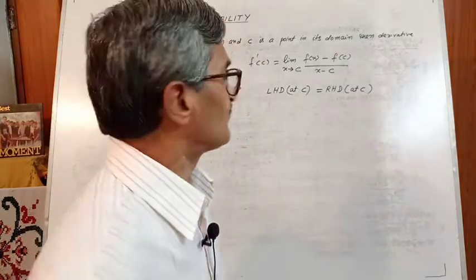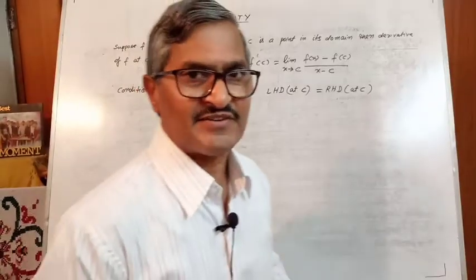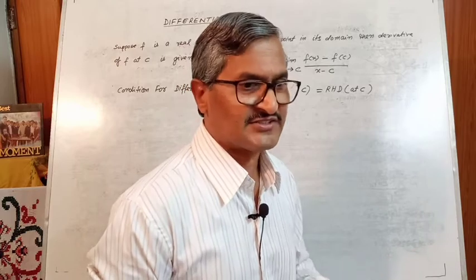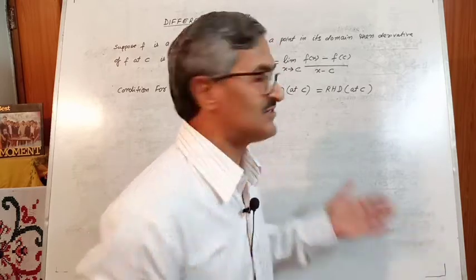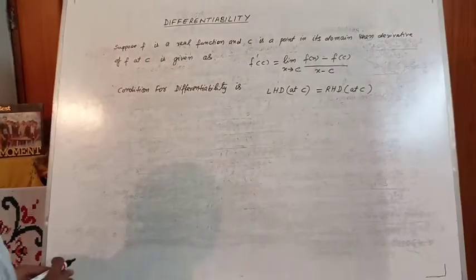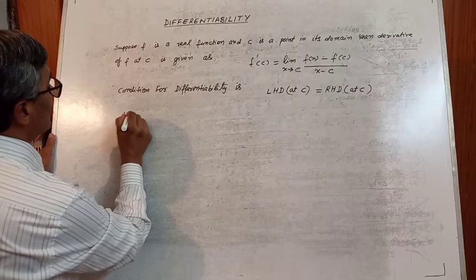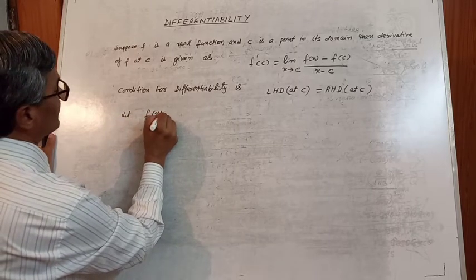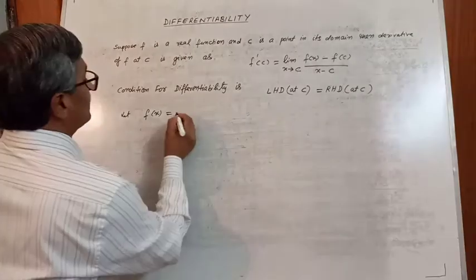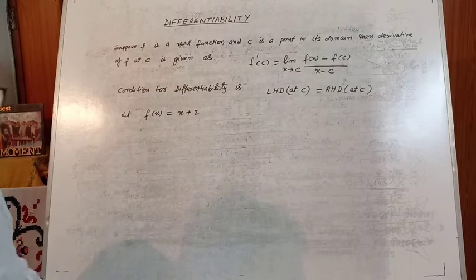Now here we take some examples. There are some functions which are differentiable at a given point, and other functions which are not differentiable, that we will see with the help of examples. Let f(x) be a simple function, x plus 2.